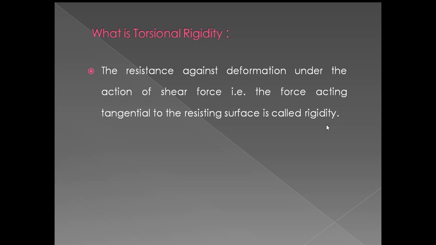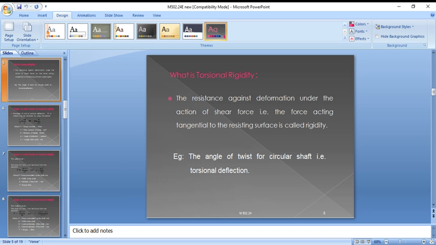Here the force is acting tangential to the resisting surface, so it is called torsional rigidity. So the resistance against the deformation under the action of shear force, the force acting tangential to the resisting surface, is called torsional rigidity.